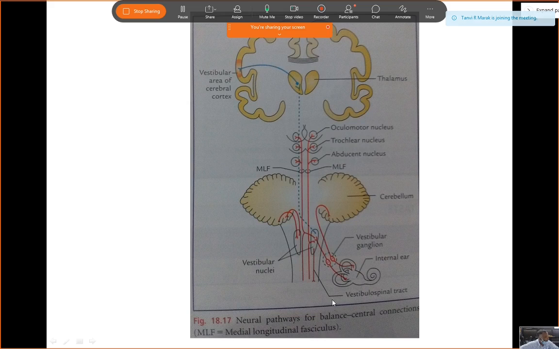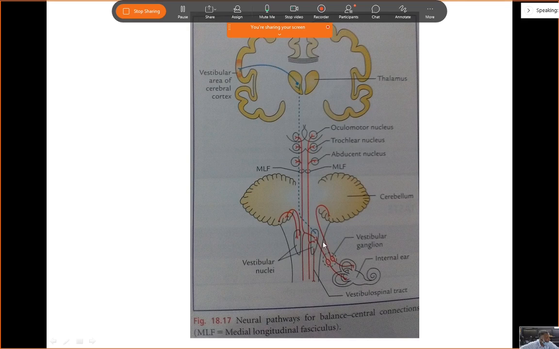Then this is our balance, how we maintain balance, from the cochlea and vestibular apparatus. From the vestibular apparatus, fibers come to the vestibular ganglion, which remains inside the petrous part of the temporal bone. Then these fibers relay.